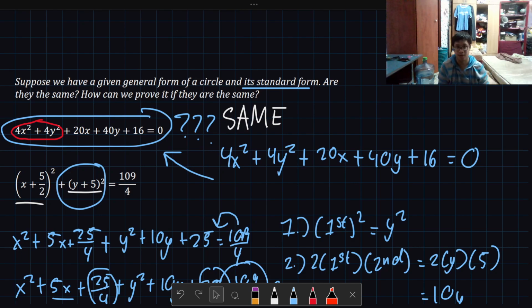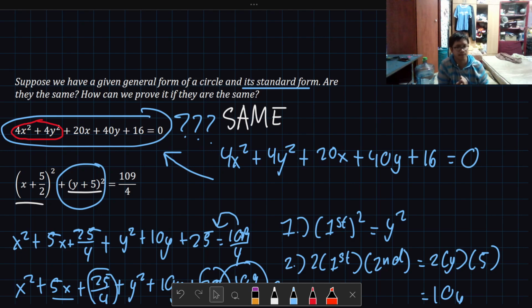Here's the trick for you. Here's the tip. If you convert it into general form and you notice they're not the same, according to here, it's 4x squared, 4y squared. But according to my problem, it's not 4x squared, 4y squared, but instead x squared, y squared.